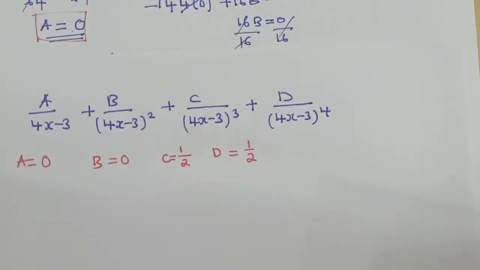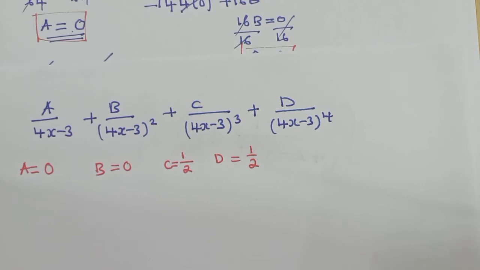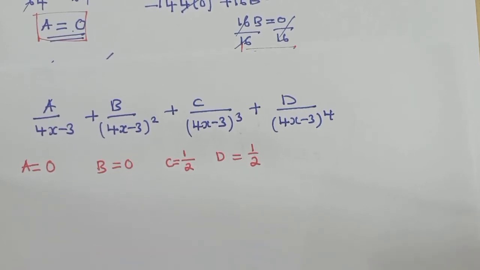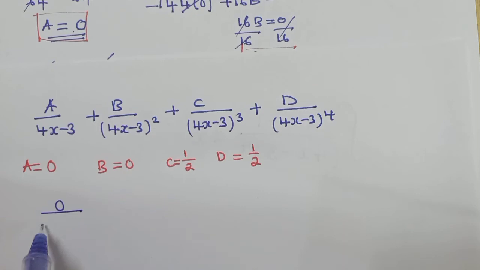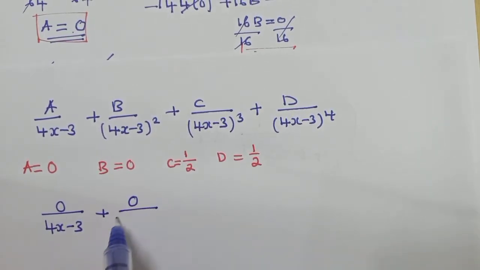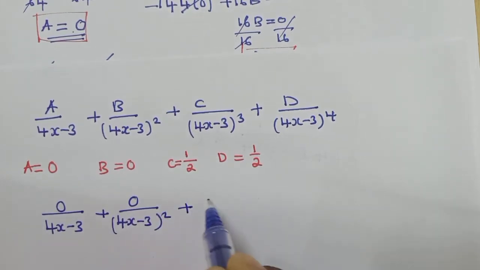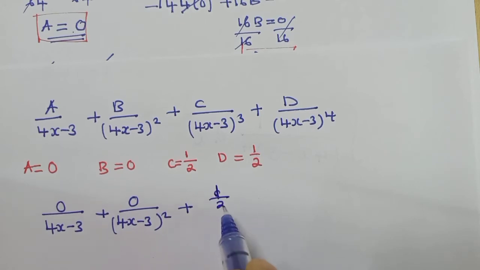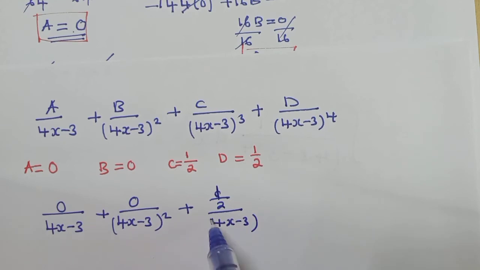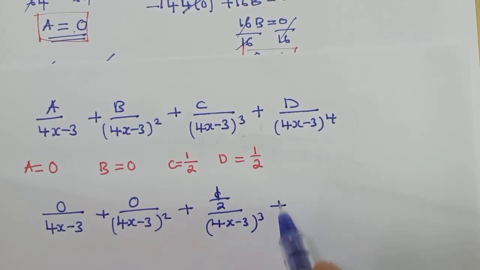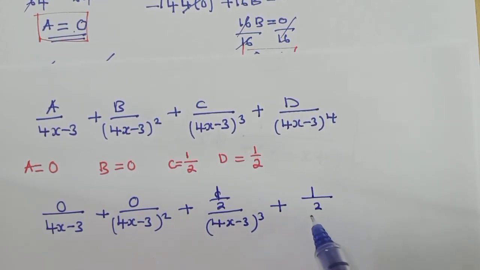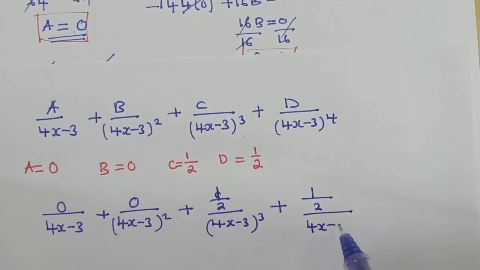So now we shall substitute. We have 0 over 4x minus 3, plus 0 over (4x minus 3) power 2 there. We have 1 over 2 over (4x minus 3) power 3 there, plus 1 over 2 over (4x minus 3) power 4.